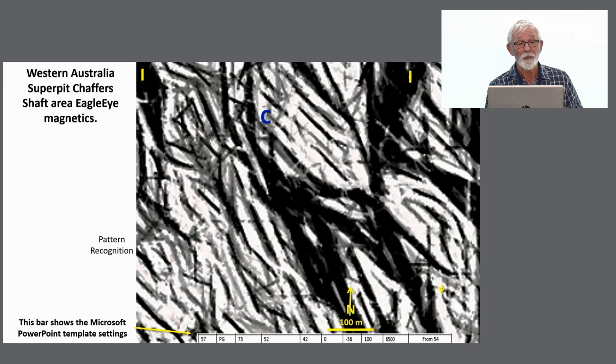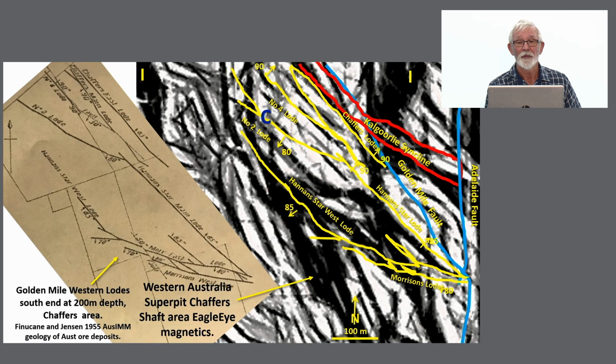So this is back to pattern recognition on the southern part, south end of the Golden Mile, Chaffers area. The C is Chaffers Shaft. This is from the 1955 AusIMM monograph, of which I've got copies of all of them, very useful reference tools.